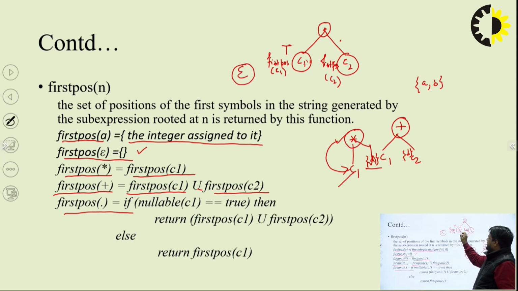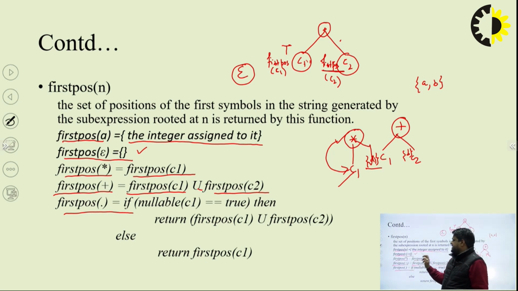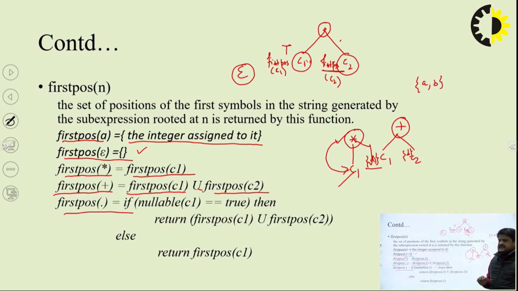When this epsilon value is generated, what occurs at the first position? If it is epsilon, then first position and last position will be epsilon, right? Nothing. You can say from here, first position is nothing. Similarly, last position is nothing. So the first position will be occupied by the first position of C2.